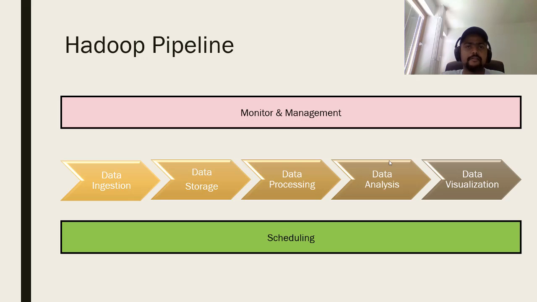For each of these processes, Hadoop provides certain tools, and we will cover what tools are available in each step. We will have tools for data ingestion, storage, processing, analysis, and visualization. Apart from that, there are two more categories of tools used in a Hadoop pipeline: monitoring and management tools, and scheduling tools.